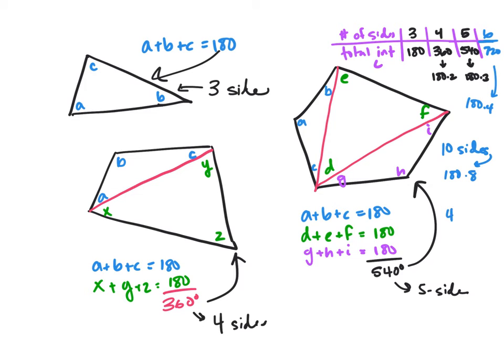And if I was doing 43 sides, I think that would be 180 times 41. And so no matter what number of sides I'm dealing with, I think I could find the total for the interior angles by just taking 180 times the number of sides minus 2.